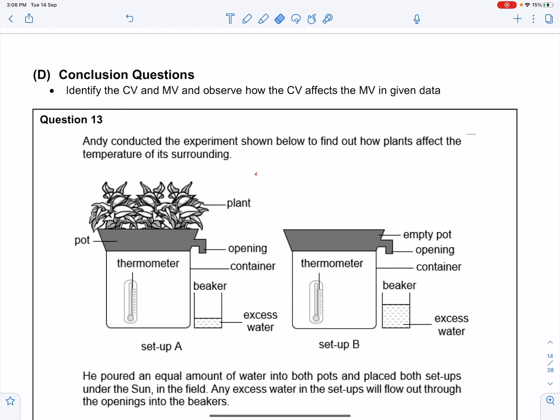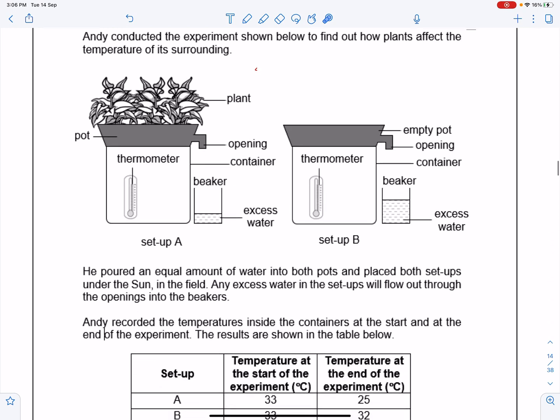All right, moving on to conclusion questions. Okay, so this type of conclusions, basically you need to identify what is your change variable and your measured variable. And then you need to observe how your change variable actually affects your measured variable in a given data.